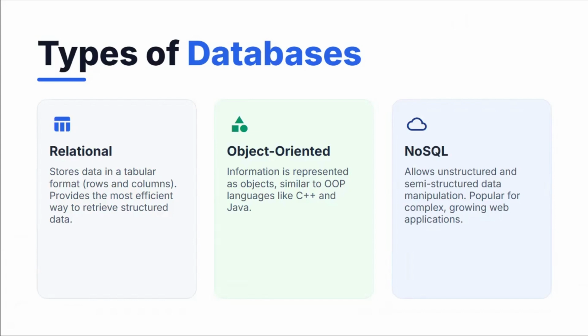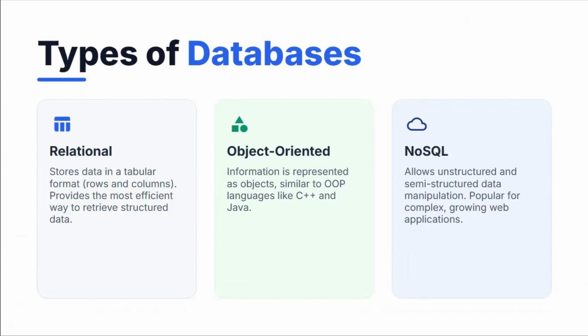They might have an idea of what object-oriented programming is. So in an object-oriented database, information is represented as objects, which is similar to object-oriented programming languages like C++ and Java. C is not an object-oriented programming language, sorry.